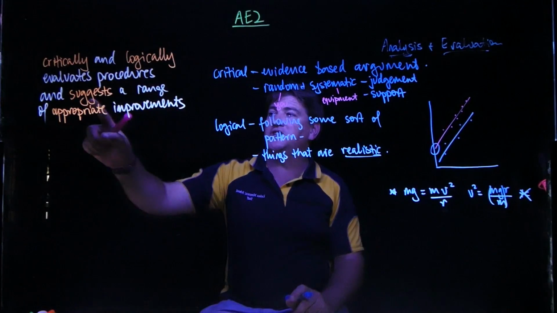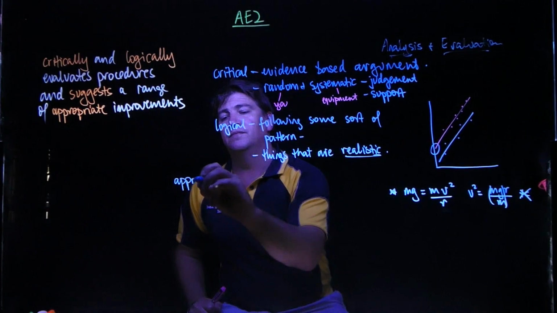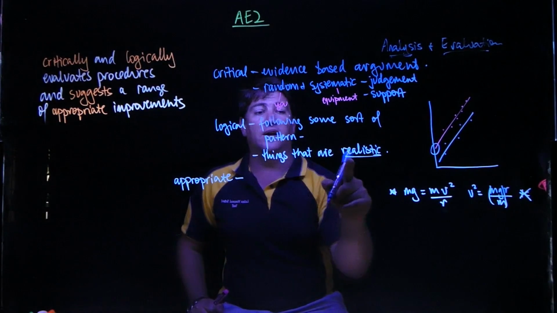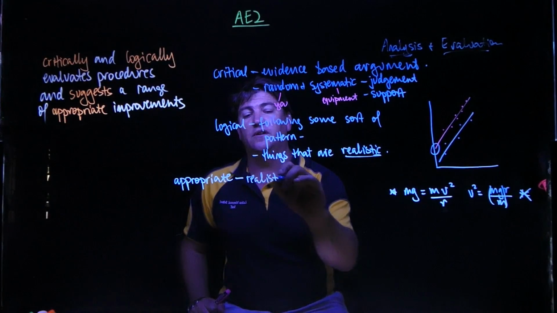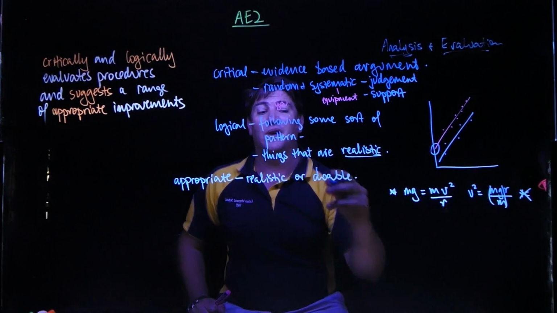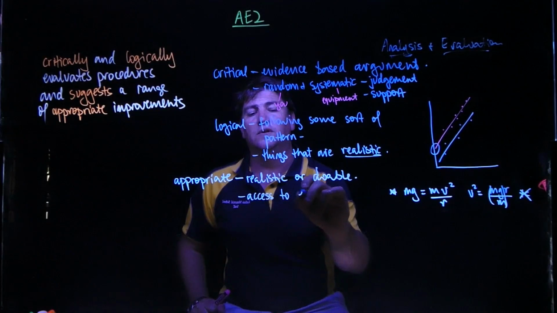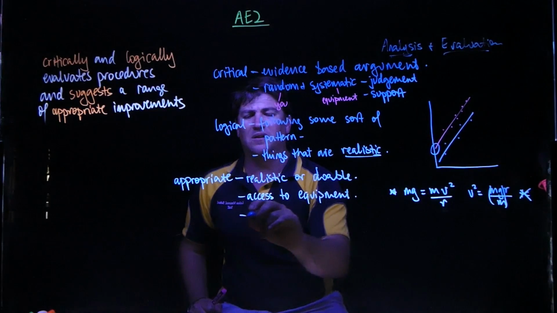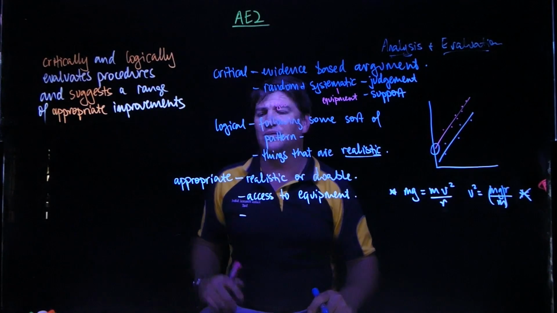Alright, so when you're suggesting a range of appropriate improvements, appropriate ones are still realistic or doable, something that you actually have access to. So you've got access to the equipment, so you're not talking about laser fields and CGI tracking and all this sort of weird stuff.